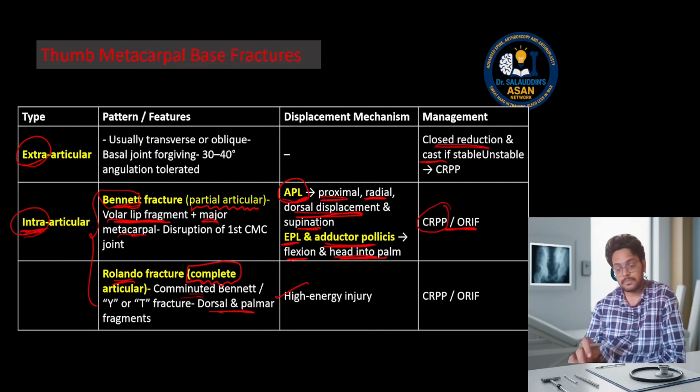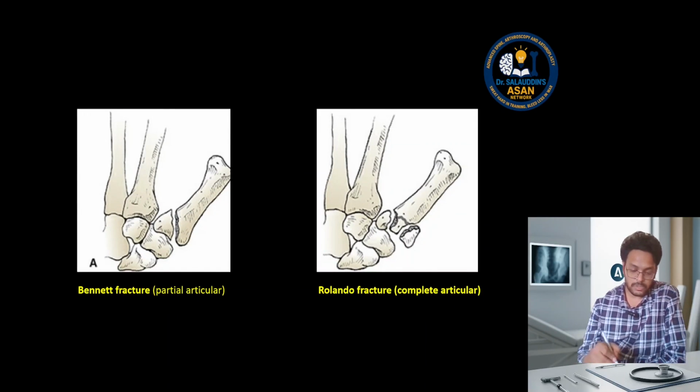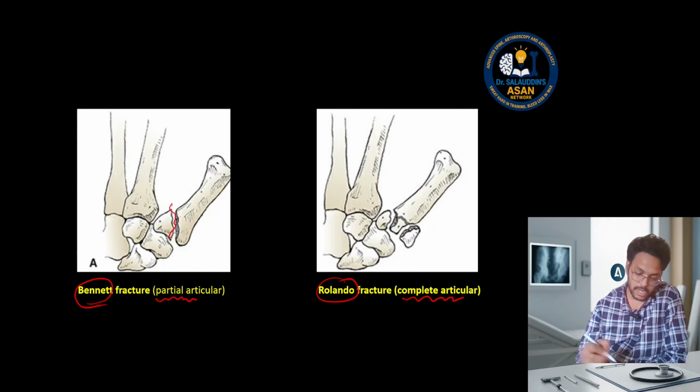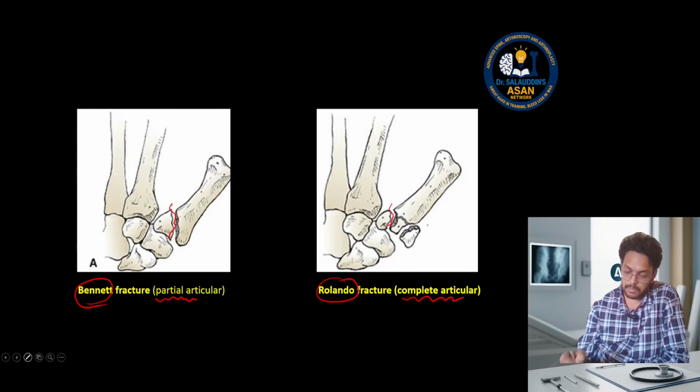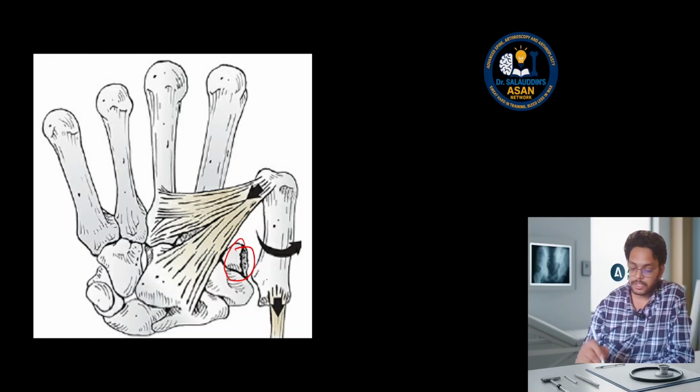Why is this displacement occurring? Because of this muscle pull. Okay, so you can see in the image, partial articular is Bennett's, complete articular is Rolando's. So partial articular, here the dorsal and palmar in Bennett's fracture. This is the small chip, that is the partial articular area.